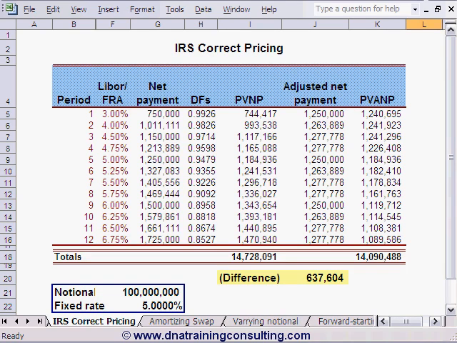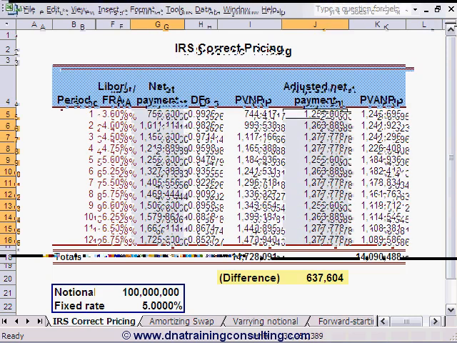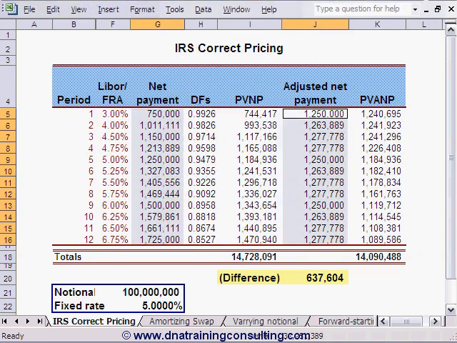Columns C, D, and E, which we have hidden to preserve space, take care of the day count. And the formulas in columns G and J, as well as in column H for the discount factors, have been modified to reflect the corrected day counts.